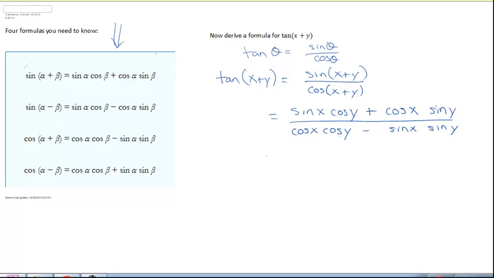And now we're kind of stuck, because we have a lot. We now have eight terms. Okay, well, not really 8 terms. We have 8 different small trig expressions multiplied together, added or subtracted, whatever you want to call it. And what we really want is something simpler, something that's a little bit easier to know.